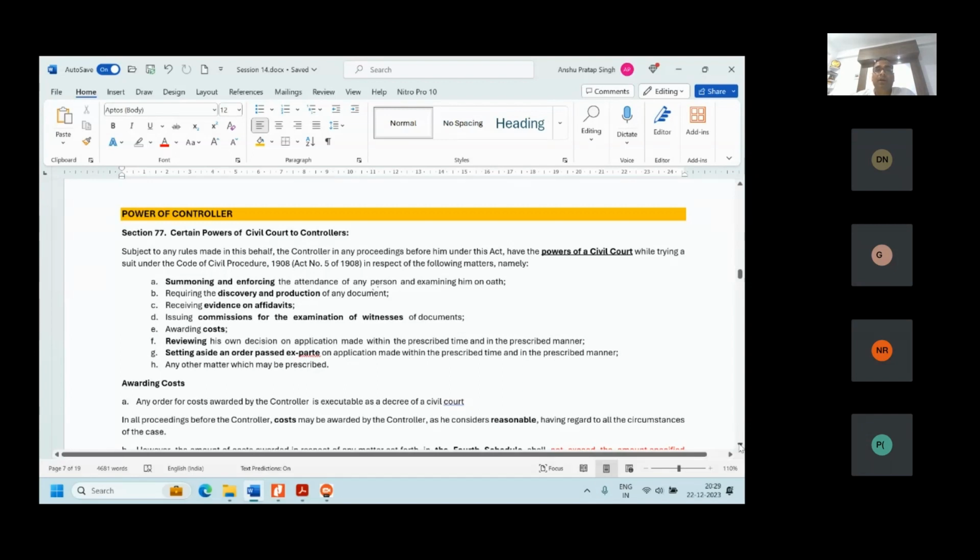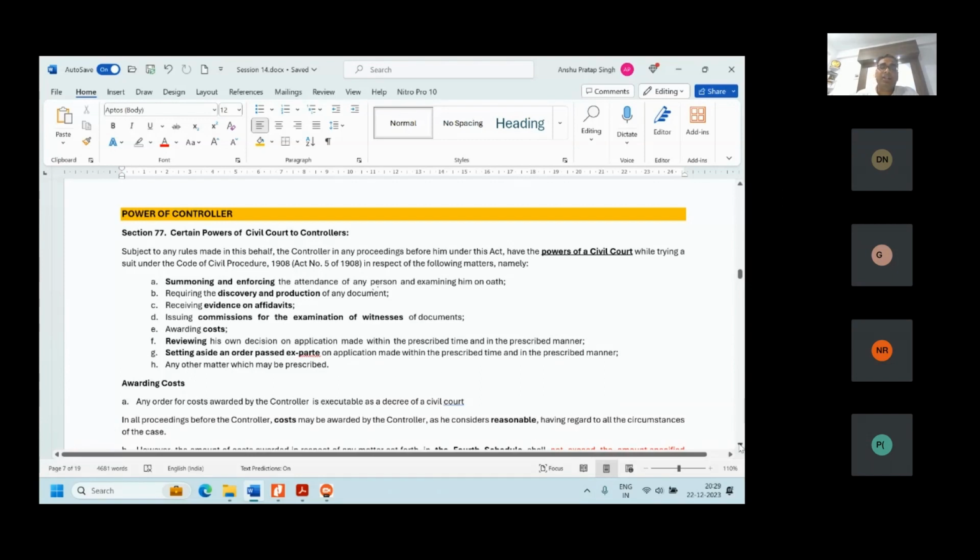They can ask someone to attend the proceeding, to appear before them. That is summoning and enforcing the attendance of any person and examining them on oath. So this is a court function. Court does that. Second, they can ask for discovery and production of documents.